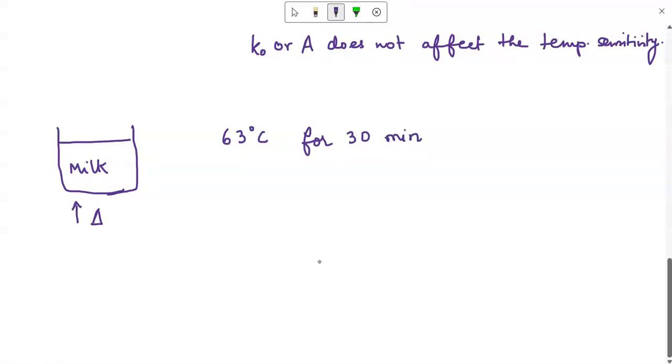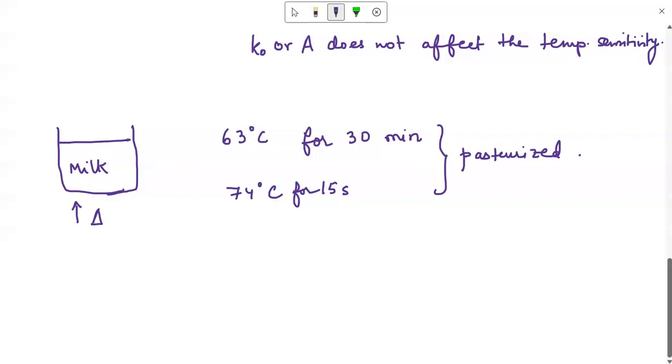But if it is heated to 74 degrees Celsius, it only takes 15 seconds to achieve pasteurized condition.